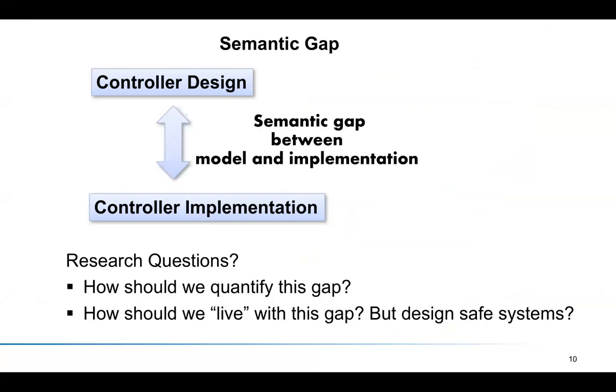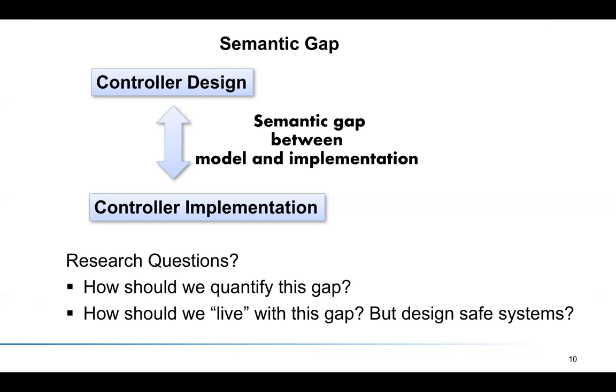Now, the research question here, of course, is that it does not make sense to have all sorts of nice mathematical guarantees at the model level, but not have that behavior or those guarantees at the implementation level. Ideally, we would like to translate all of those guarantees to the implementation level and have exactly the same behavior in an implementation.